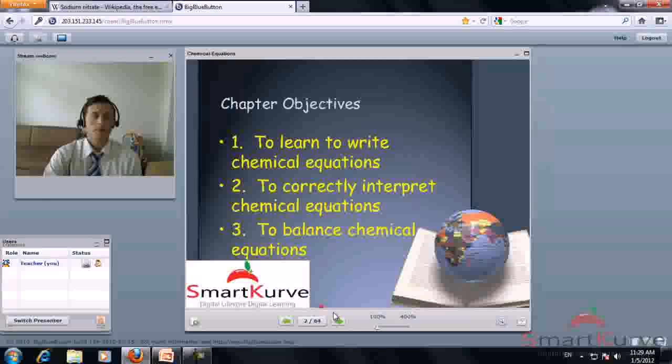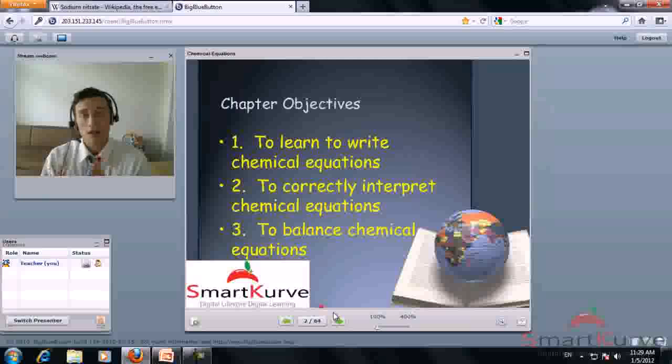I want to look at this last point, number three, very briefly. Remember what balance means. Balance means that we have the same thing on both sides. Remember from our lesson on thermodynamics, the first law of thermodynamics says that matter and energy cannot be created and cannot be destroyed.